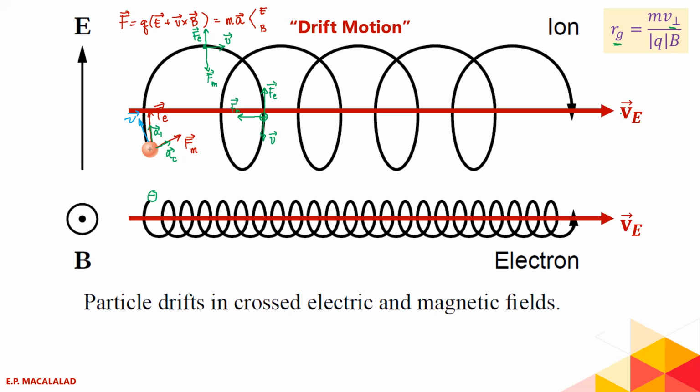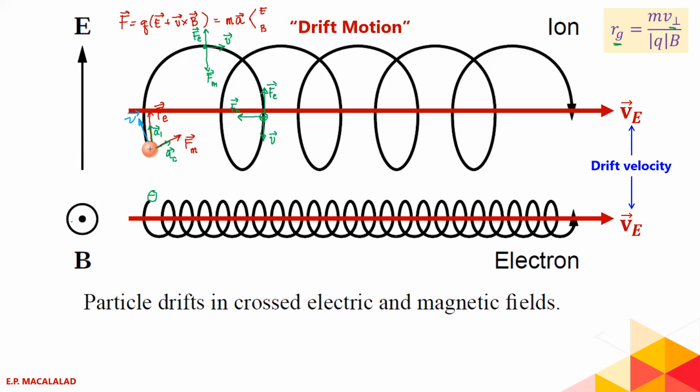This drift velocity is different from the velocity here. Okay, this drift velocity is different from your drift velocity here. So we called it VE because we introduce your electric field together with your magnetic field. Okay, so again, we call this your drift velocity.